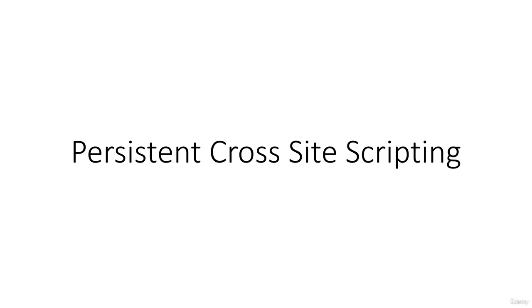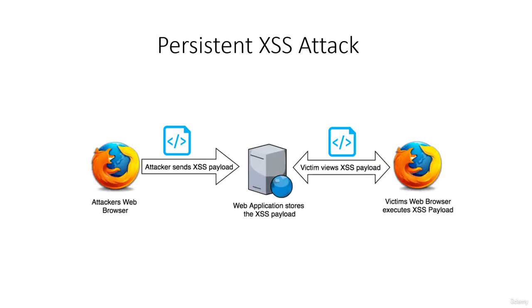Thus, the victim does not need to click on a malicious link to run the payload, as in the case of non-persistent XSS. All they have to do is visit a vulnerable web page.